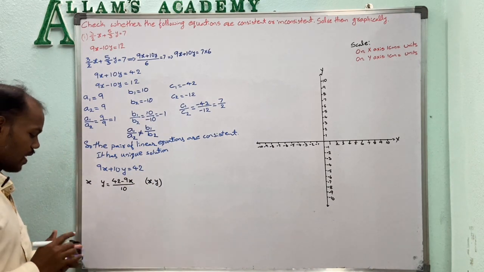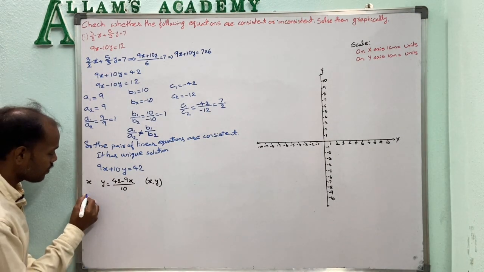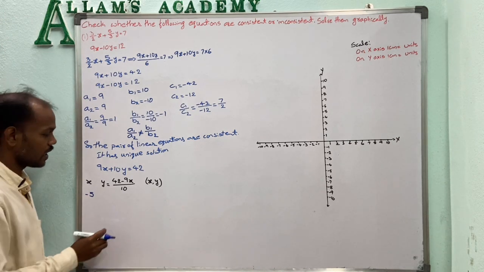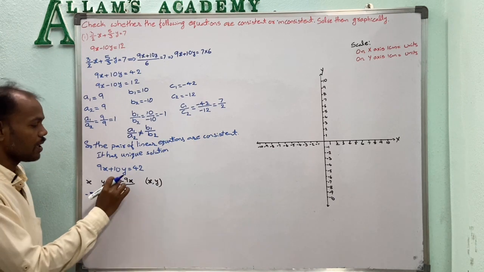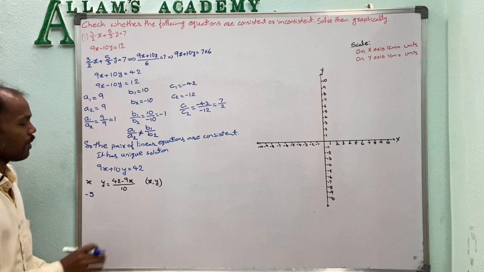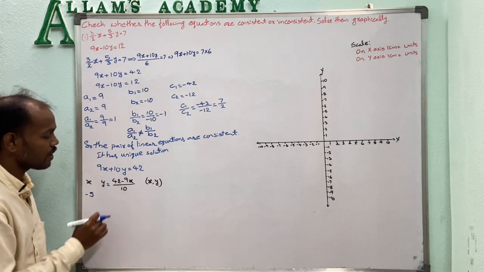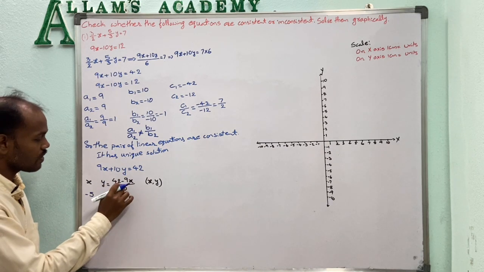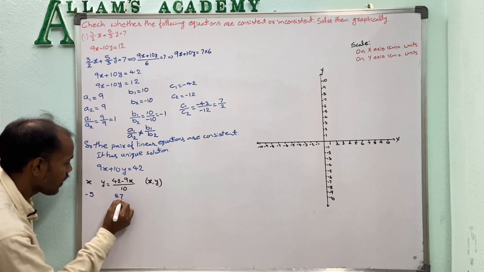First finding the points: if we take the x value as minus 5, then 42 minus 9 into minus 5, 9 into minus 5 equals minus 45, minus into minus is plus, so 45 plus 42 equals 87, 87 by 10 equals 8.7.